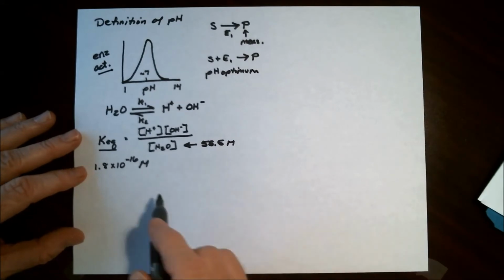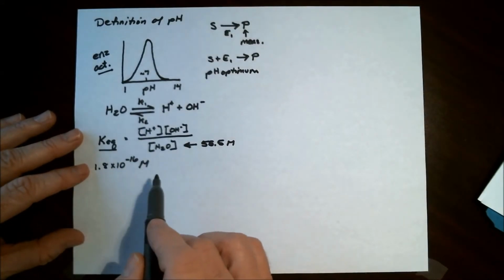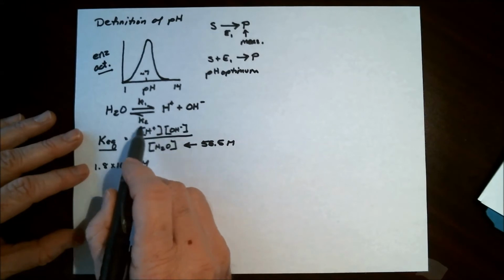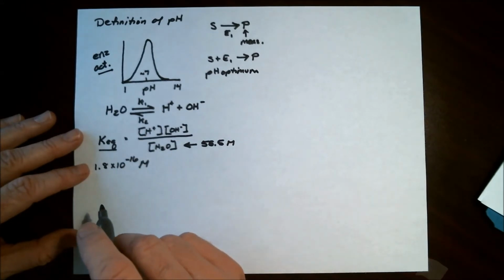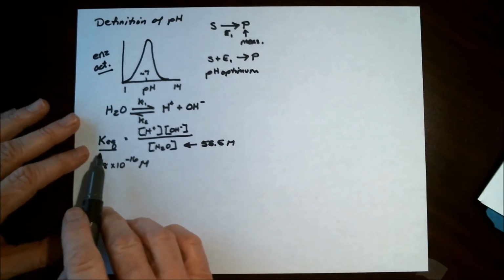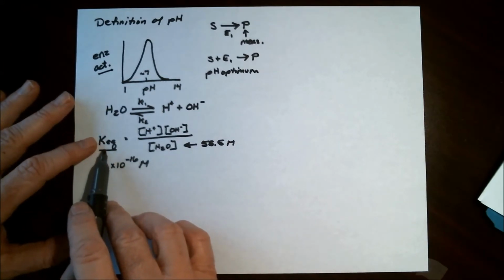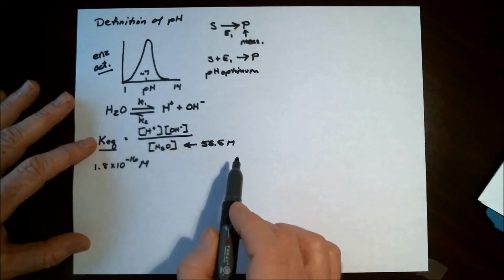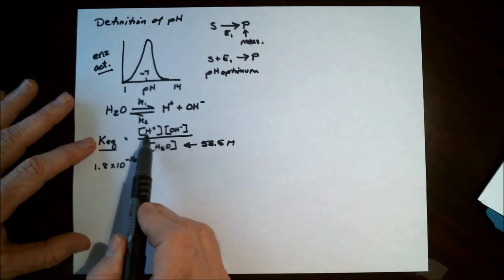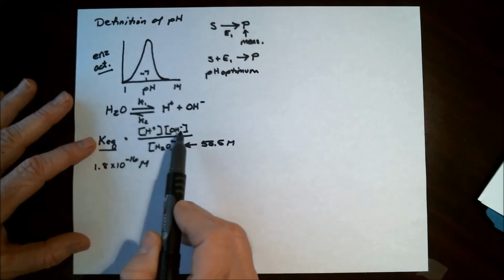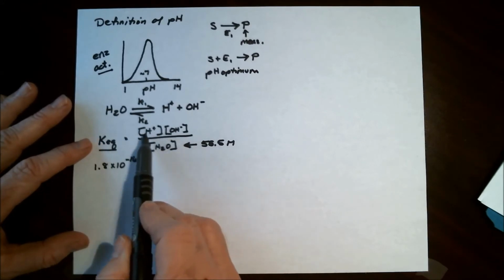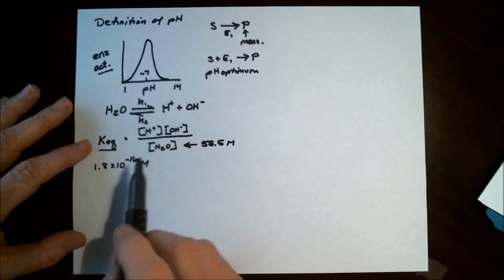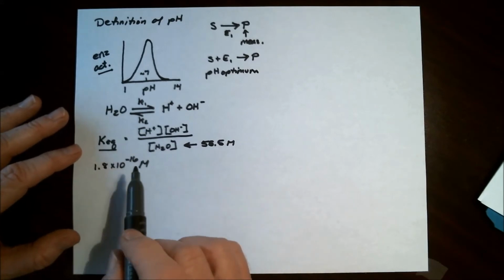So what this allows us to do is to calculate the concentration of protons in the solution at equilibrium. Now, if we know these two factors, the equilibrium constant and the concentration of water, the amount of protons and hydroxide ions are going to be equal, obviously, because this is a 1-to-1 ratio when these dissociate from water.